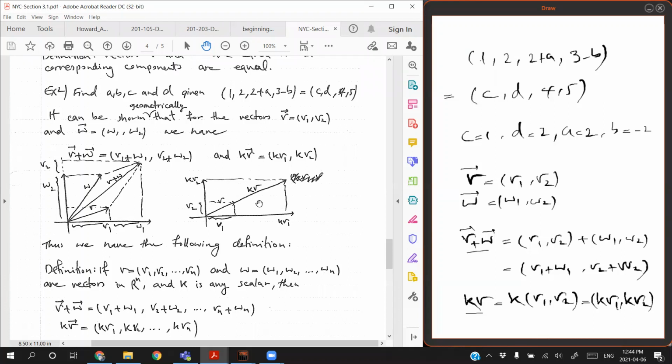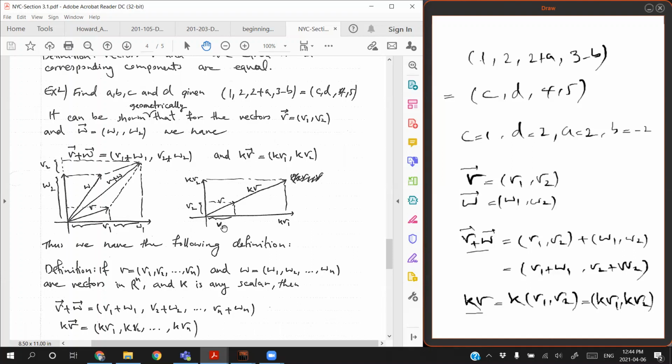And also here, for the scalar multiplication, if I scale v by a factor of k, this vector here is k times v in terms of magnitude, with the same direction.